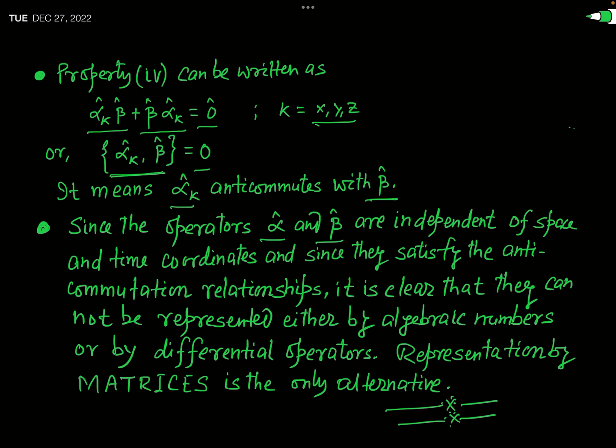matrices. Actually, in the next lecture on Dirac equation, we will see the covariant form of Dirac equation, and when we discuss the covariant form, that means the Dirac equation in which these operators alpha and beta will not be treated as operators, but they will be treated like matrices, which are called Dirac matrices.